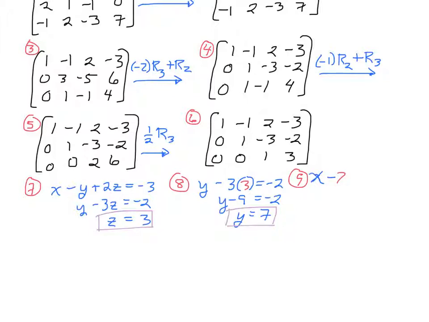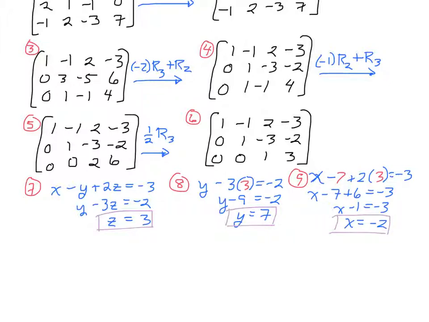And then we've got plus 2 times, instead of z, we're using 3, equals -3. So we've got x minus 7 plus 6 equals -3. X minus 1 equals -3. Add the 1. X is equal to -2. And that gives us our final solution.